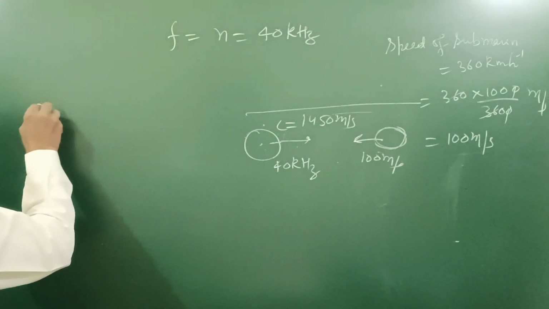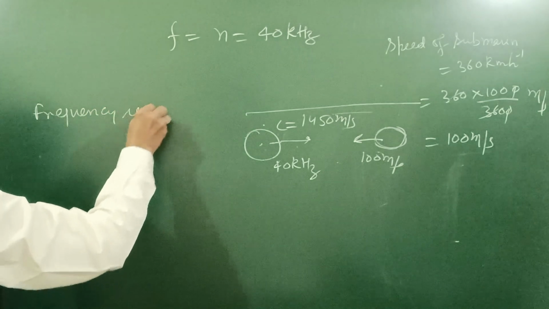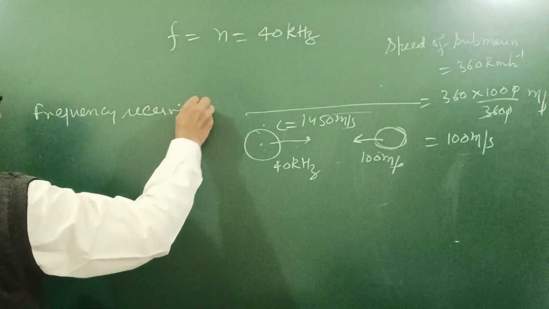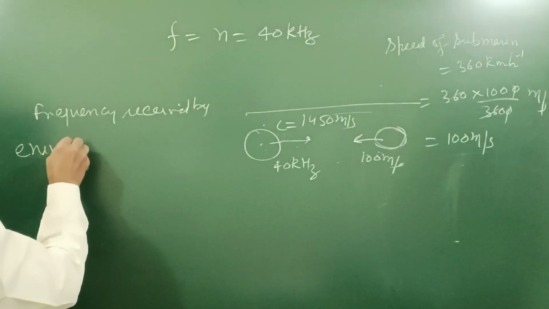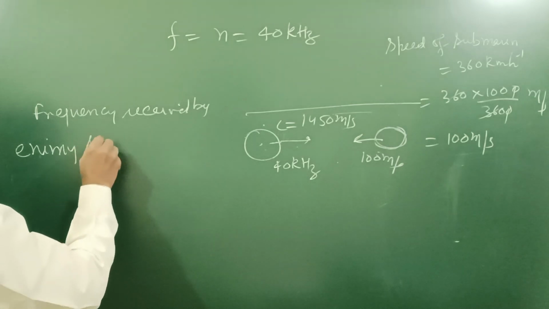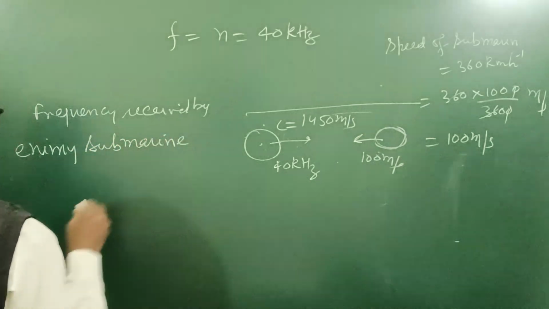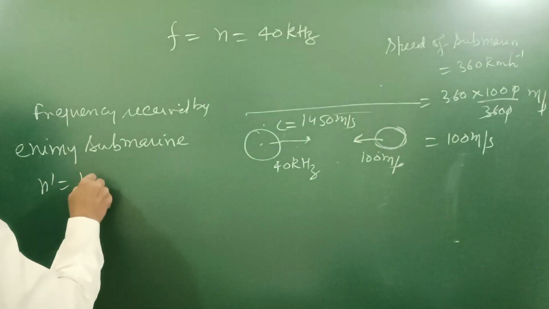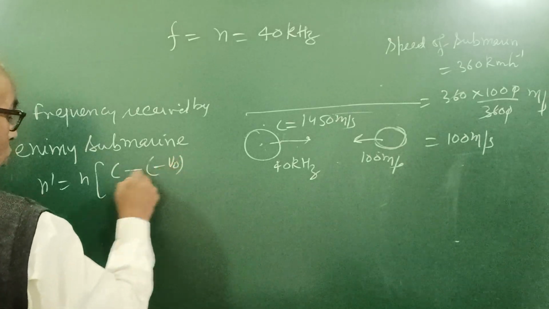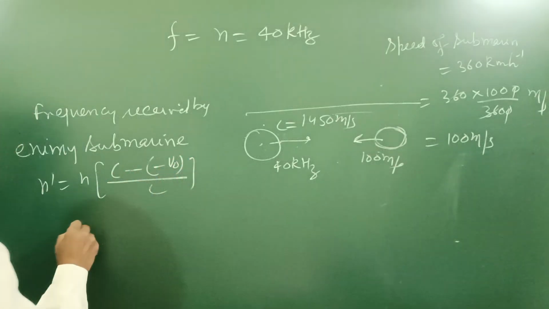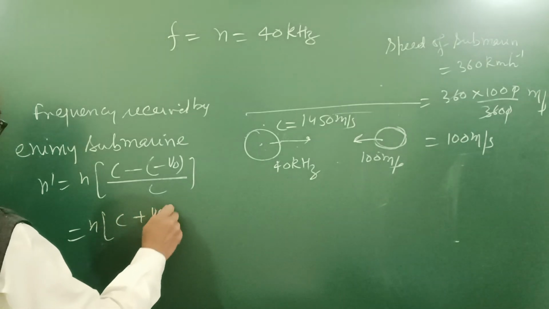So the frequency received by the enemy submarine, n dash, is equal to n into c minus vo upon c, or n into c plus vo upon c.